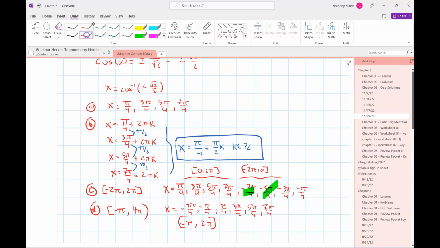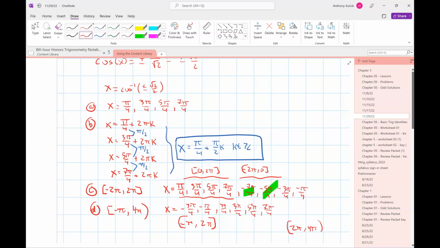I didn't include those two guys because they're too small, but everything else is okay. And then I just need to worry about the stuff from 2 pi to 4 pi. How am I going to get that stuff? I'm just going to take those 4 and add 2 pi to them. Or you could take these and plug in k to be 1. Or if you had 2 sets of them, you're plugging in more values of k, but that's fine.